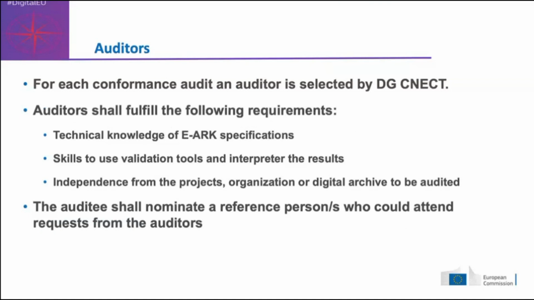They should be independent from any projects involved or the organization. They should ideally not know the people involved. And the auditee shall also nominate a reference person who can attend requests from the auditors, for a call back for certain detailed questions and so on.